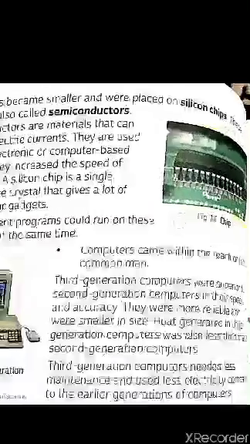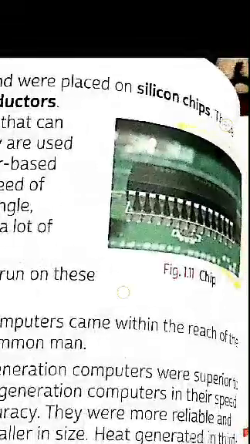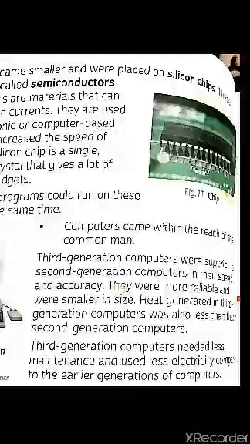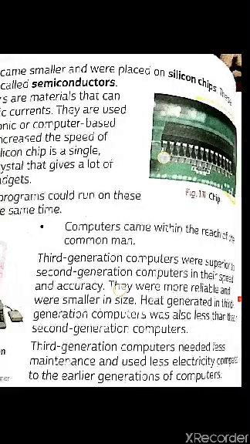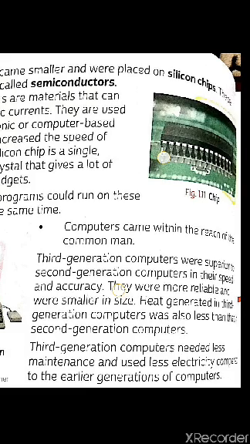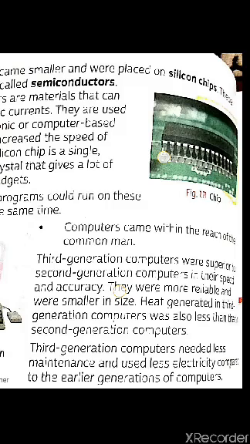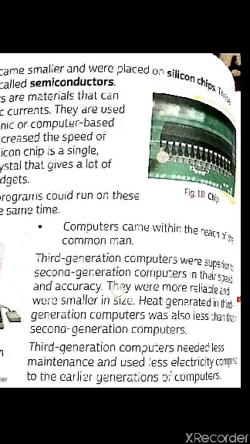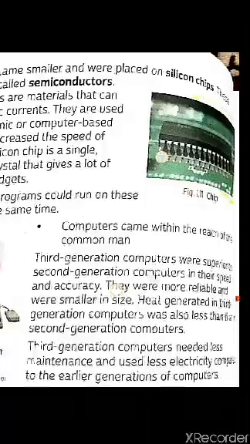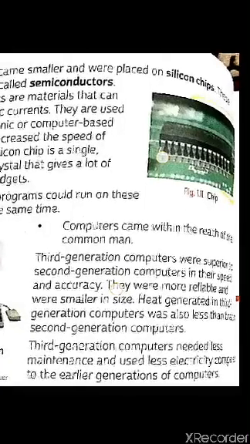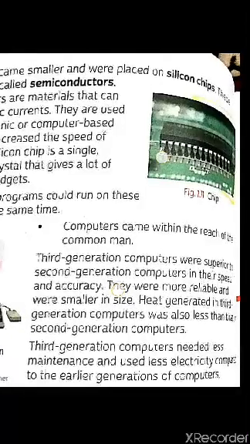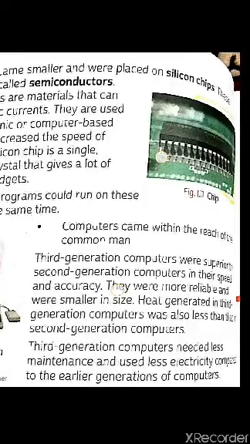See the diagram of chip. Many different programs could run on these computers at the same time. Computers came within the reach of a common man. So, in third generation, computers were even smaller and faster and could run more than one program at a time. Example of third generation is IBM 360 series.